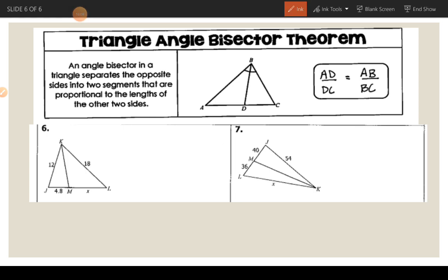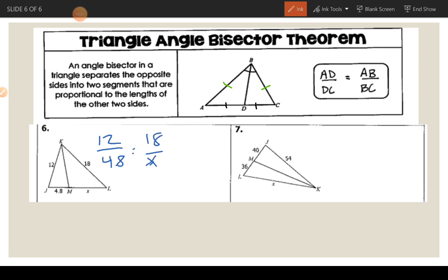Same with this. We have an angle bisector, so it's cutting angle B in half. So they did this over this is equal to AB over BC. That's uncomfortable, honestly. I always do top over bottom, top over bottom. 12 over 4.8 is equal to 18 over x.